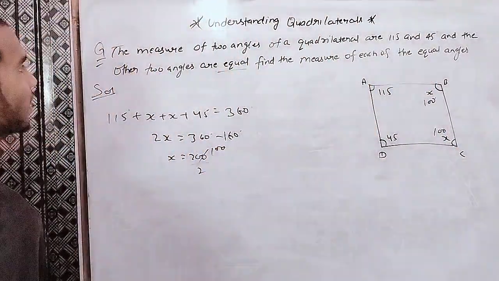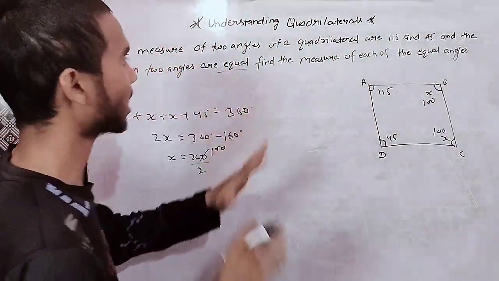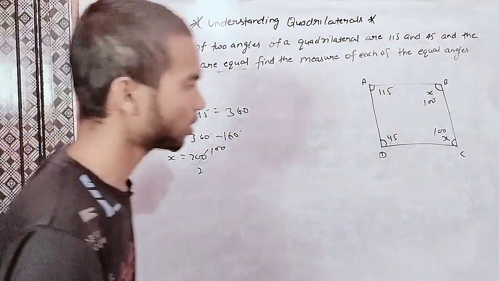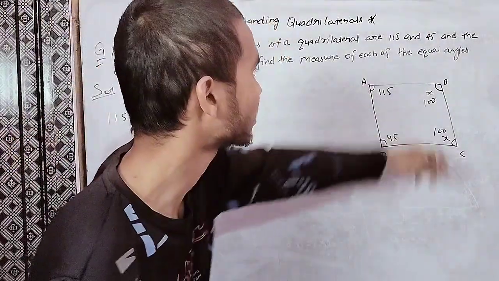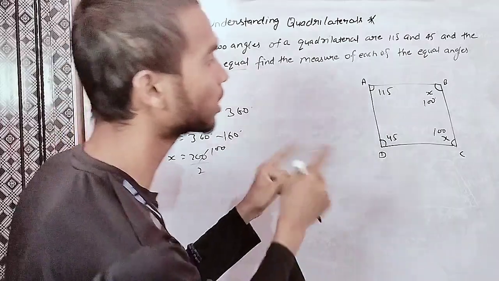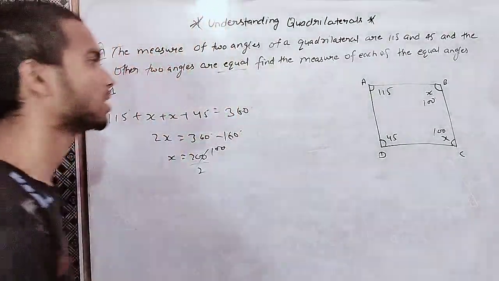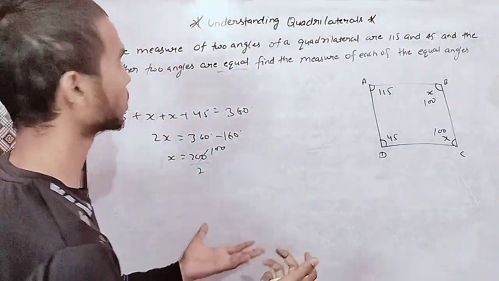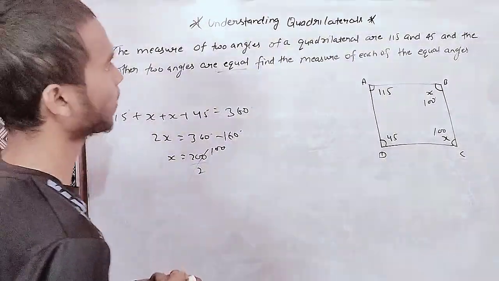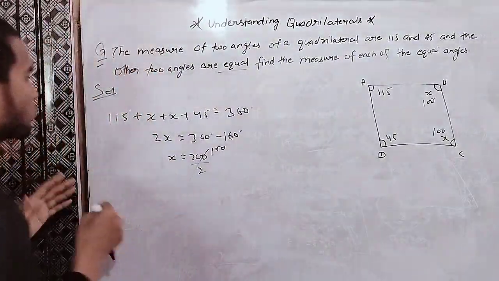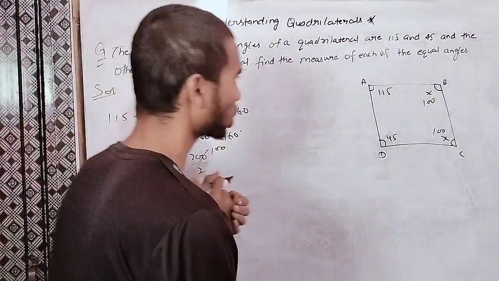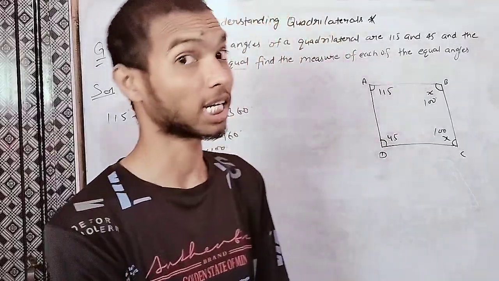Kishan was saying the other two angles are equal. If we have the value of x, then the value of another x will be the same. This was the meaning of this sentence. Clear? Now you can check whether our answer is correct or not.